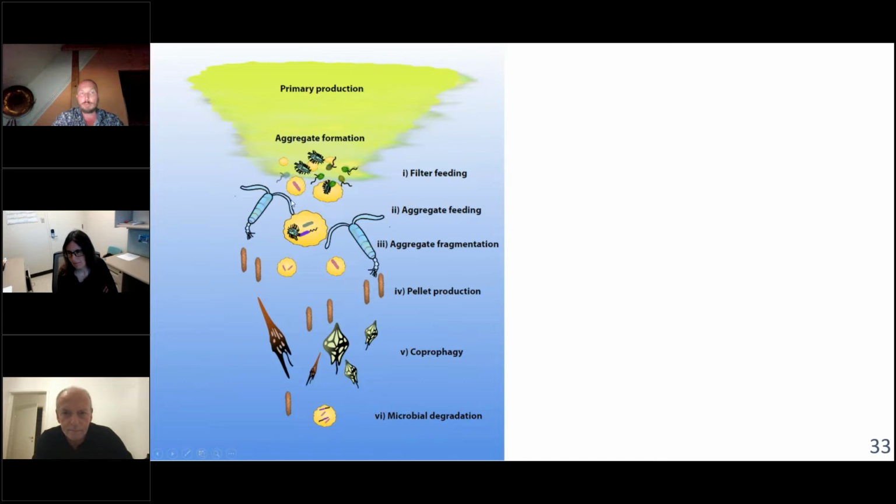We have a lot of microbial organisms that feed on the small aggregates that are sinking slowly. We have aggregate feeding, aggregate fragmentation, fecal pellet production, coprophagy, which is basically feeding on settling fecal pellets, and then we have microbial degradation. This is how I see carbon flux attenuation in the upper water column.